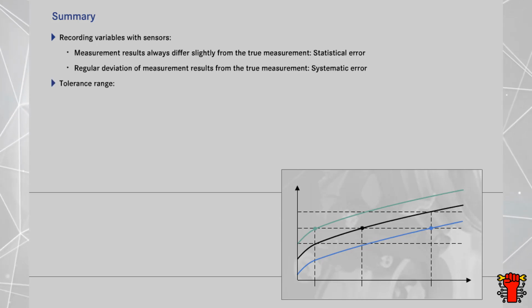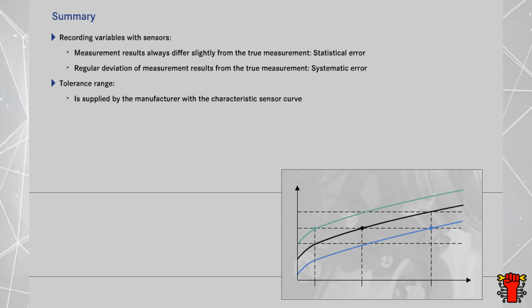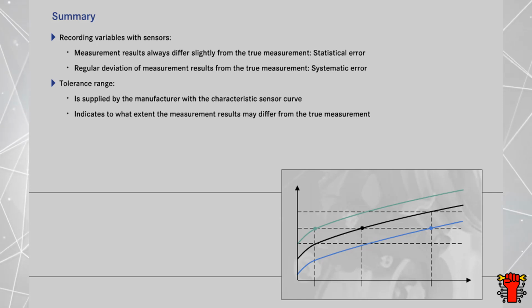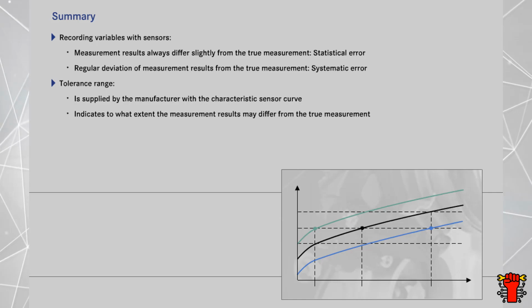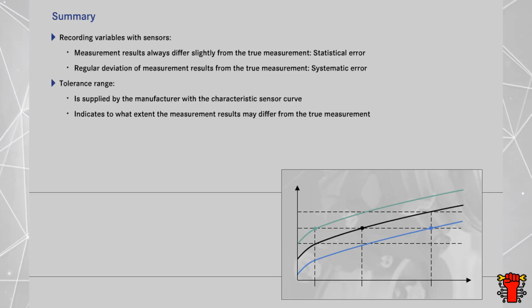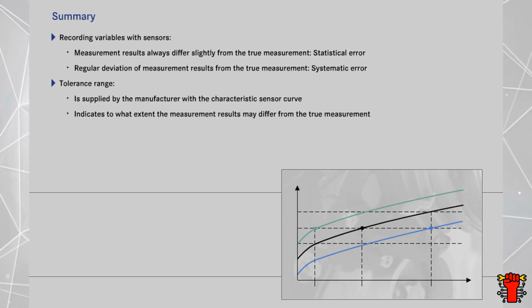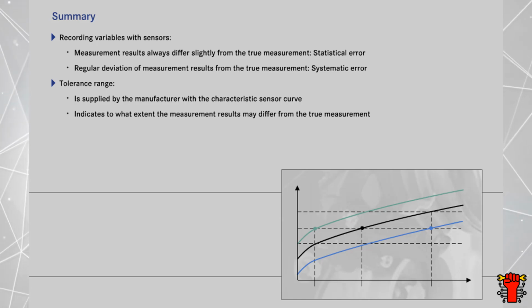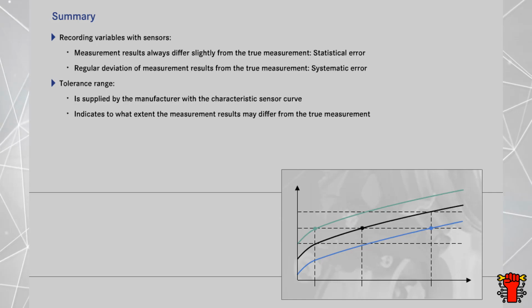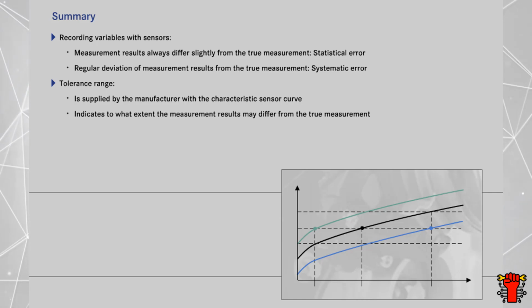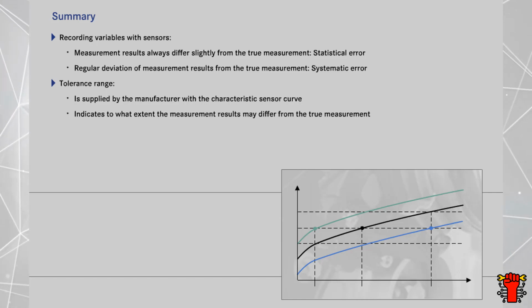Usually, both statistical and systematic errors are within a sensor's tolerance range. This is supplied with the characteristic sensor curve by the manufacturer and indicates to what extent the measurement results may differ from the true measurement.